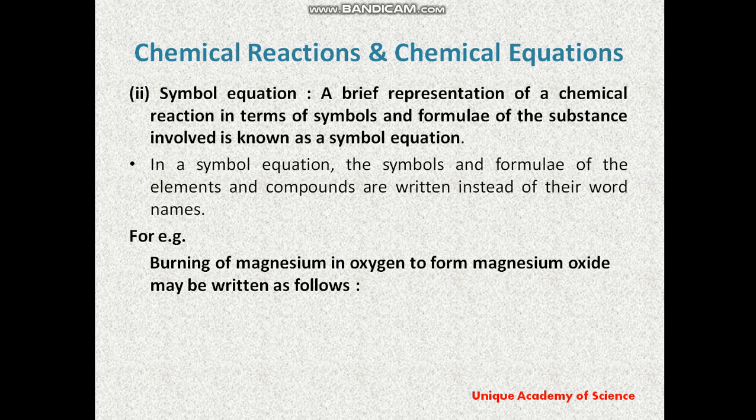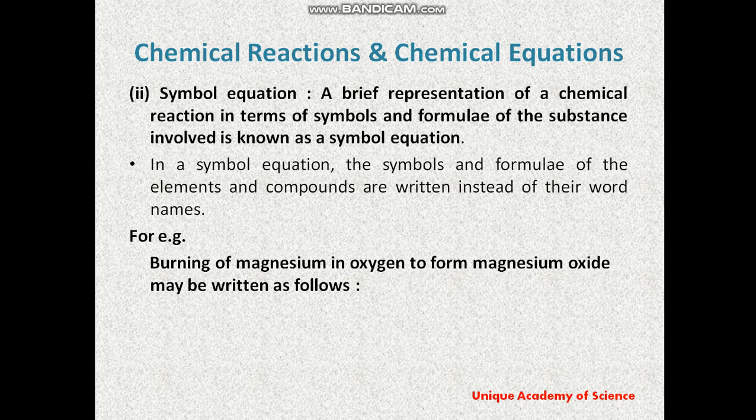Okay, so for example, burning of magnesium in oxygen to form magnesium oxide. In this symbol equation we use magnesium and oxygen as the reactants, so they are written on the left side, but here we require knowledge of the magnesium formula.